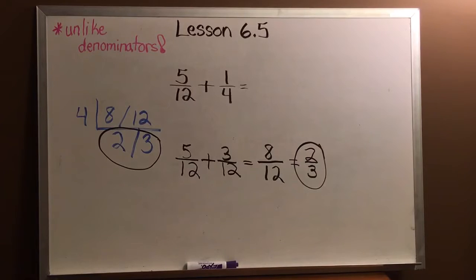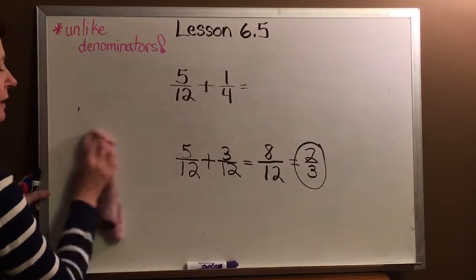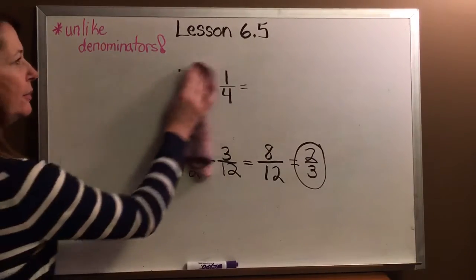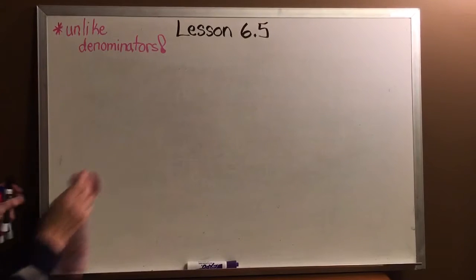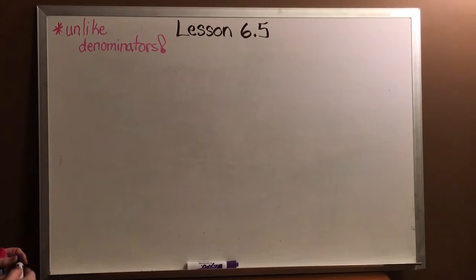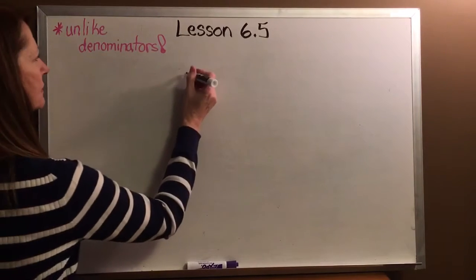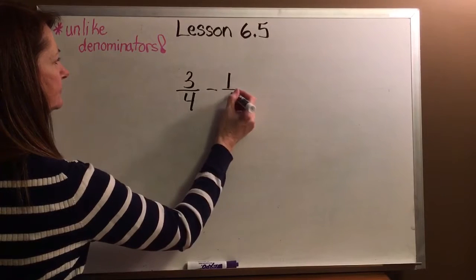Very good. All right, we're going to do one more. We're going to do it a little bit quicker, so be ready. Remember to pause. If you didn't get this written down, pause it, go back, and write it. The next problem is going to be 3/4 minus 1/8.